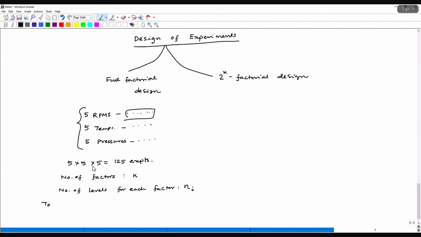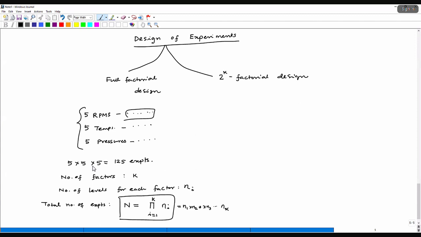The total number of experiments that you have to do is basically the product over i equal to 1 to k of ni. This is the multiplication symbol, not summation. So this is basically n1 into n2 into n3 up to your nk. Okay.